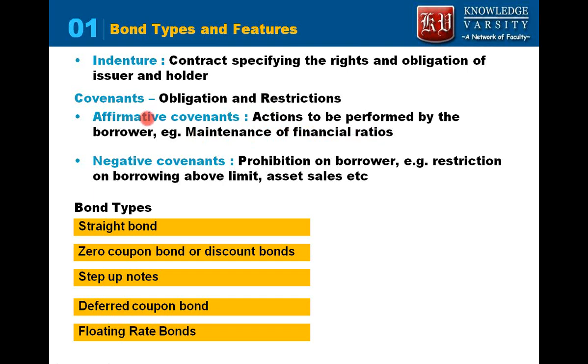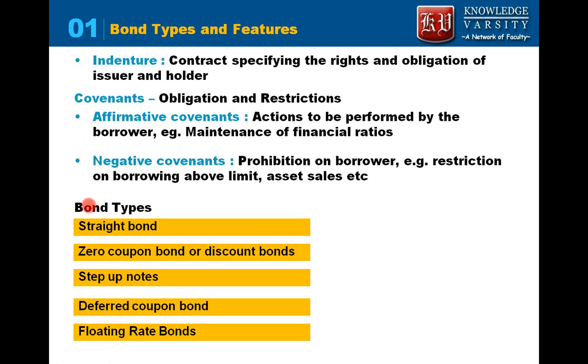These are the affirmative covenants. Similarly, there are negative covenants, which place a restriction or prohibition on the borrower. These are like you cannot sell some asset, you cannot borrow above some limit. So these are the negative covenants. Each bond that is issued has these covenants or indenture.